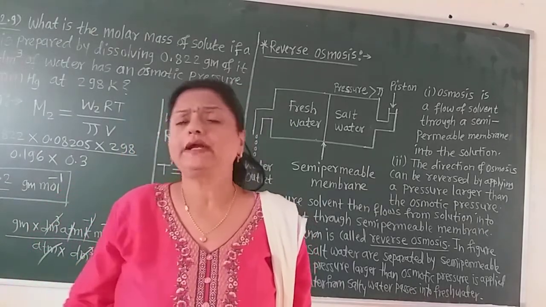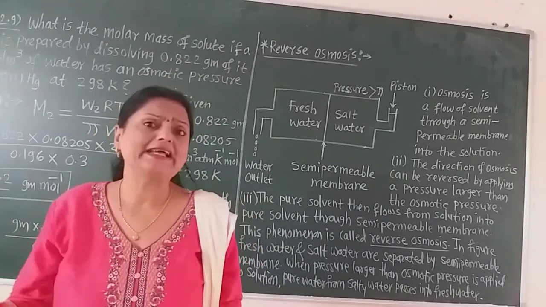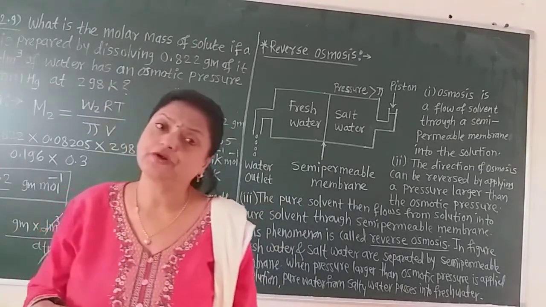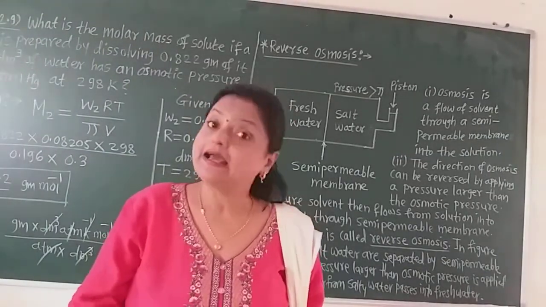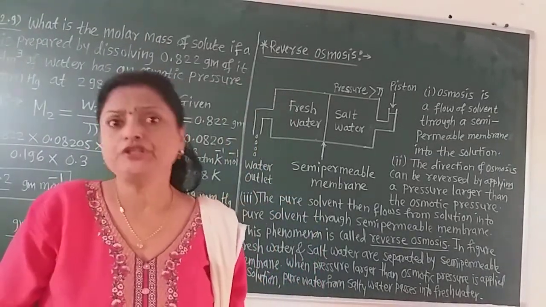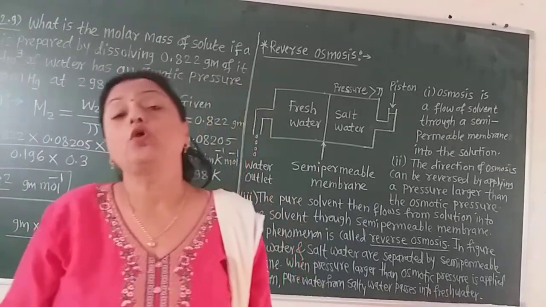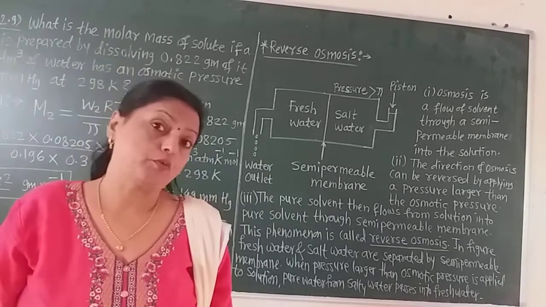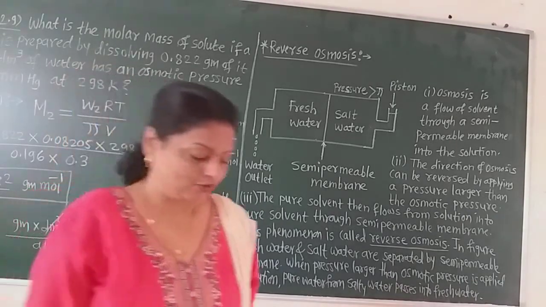Non-electrolyte and electrolyte you know very well. The non-electrolytes cannot be ionized into cation and anion, but the electrolytes are ionized into positive ion and negative ion. So how does the colligative property differ for the electrolyte? Let us learn now.